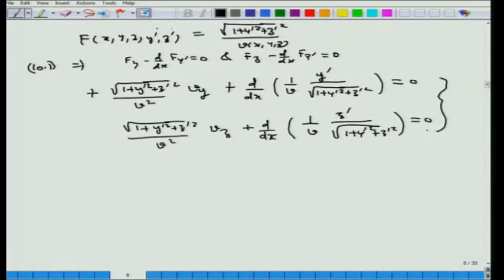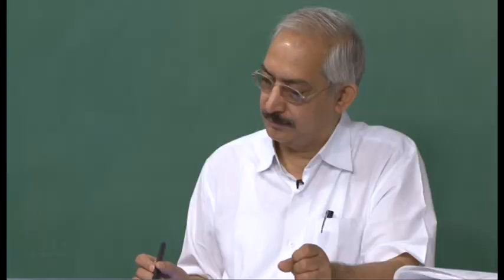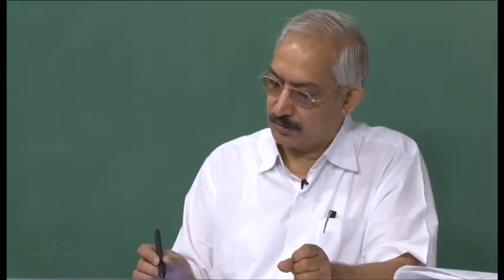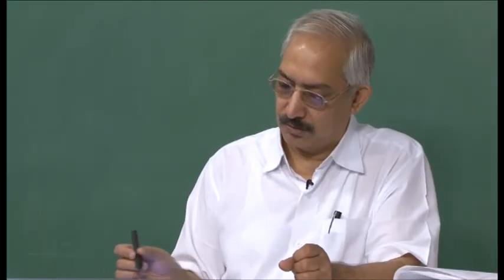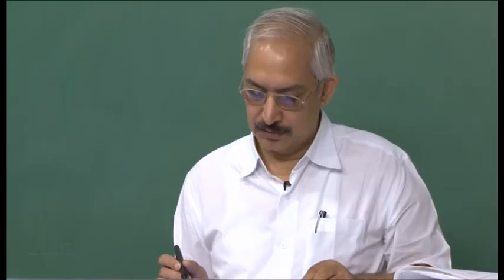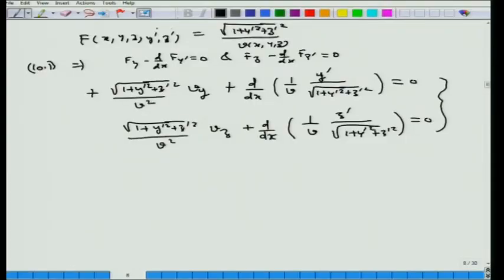So, this is the system which should be satisfied by the velocity v and y prime and z prime. In order to get y and z, we solve this system to get the extremals.